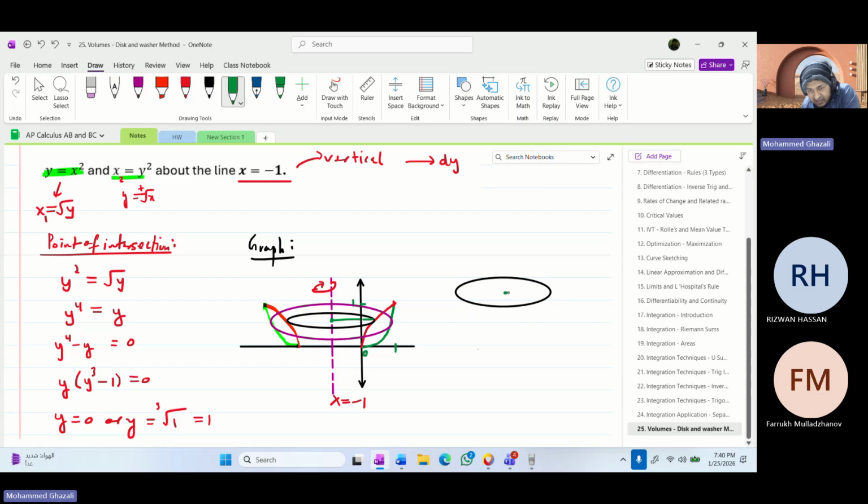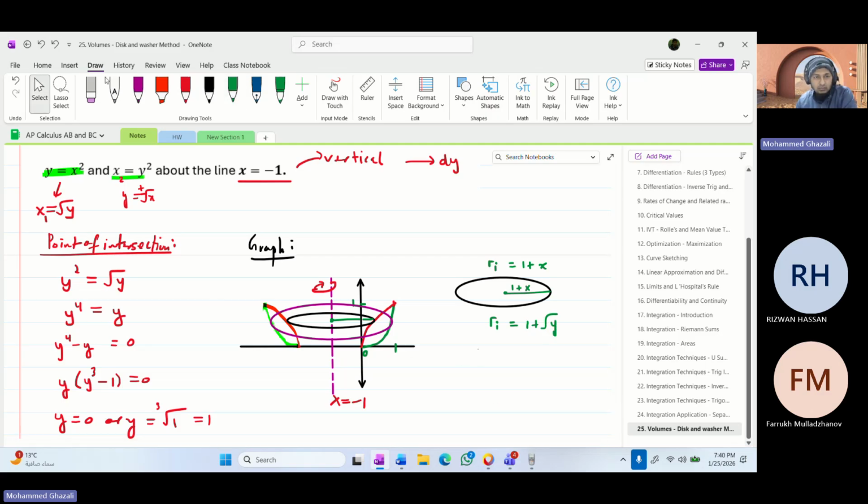So the inner radius is 1 plus x. Now x is touching what? X is touching the red graph, which is root y. So the inner radius is 1 plus root y.